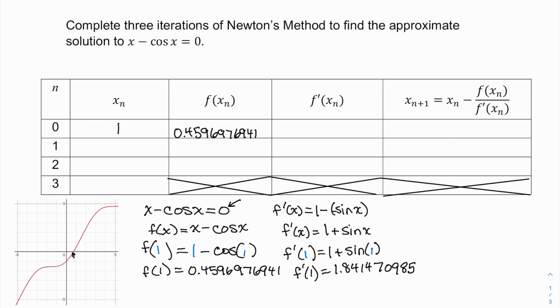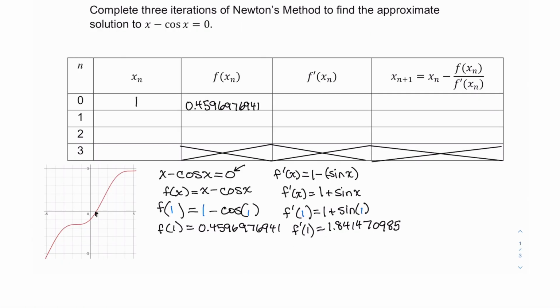And we don't want to round these at all. We want to use this with all the digits in place, or we cause the problem not to be able to get the accuracy that we can get from Newton's method. So that's going to go into our table under the f prime of x sub n.